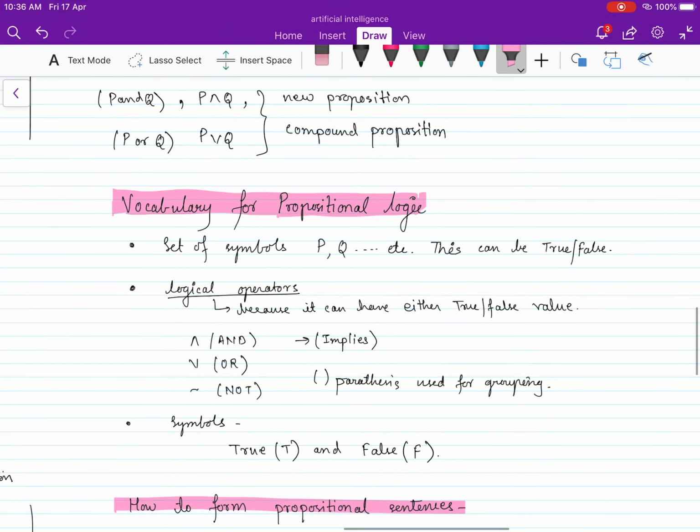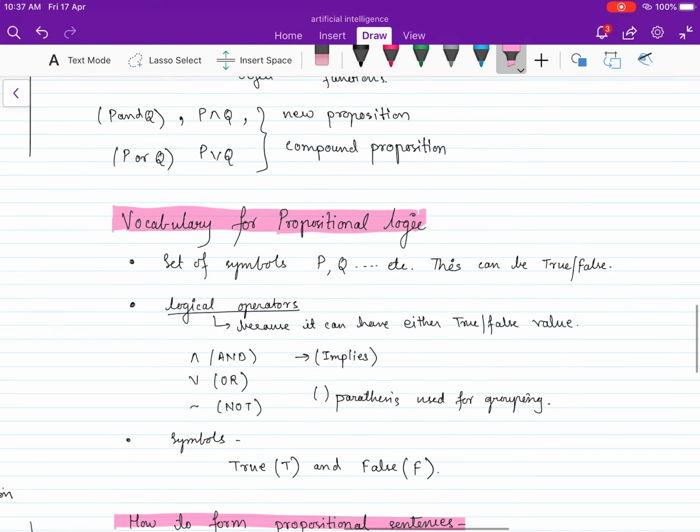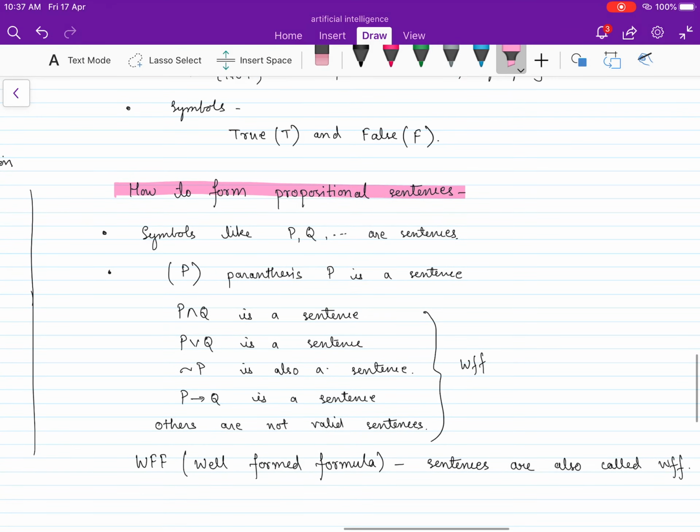So, the vocabulary for propositional logic: we have a set of symbols P, Q, etc., which can be true or false. Next, we have the logical operators and, or, not, and the symbols true and false. How do we form propositional sentences? We can have P and Q. If both P and Q are true, that is 1 1, then only we will have the output as 1.